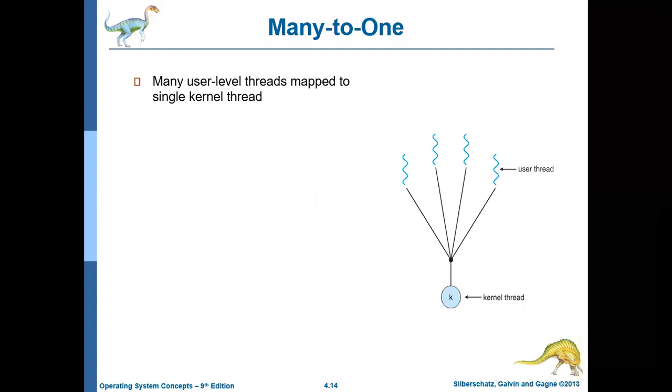All user threads need to take the support of a kernel thread. A user thread cannot exist by itself; it should depend on some kernel thread. In a many to one threading model, many user threads will be mapped to one kernel thread.